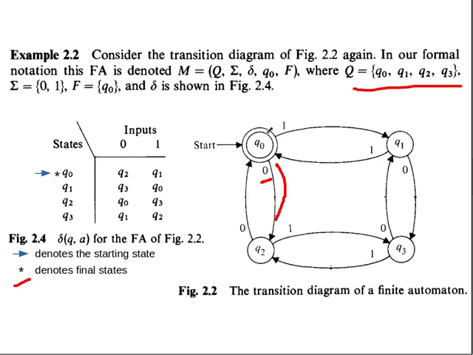So here the starting and final states are the same. Again, it has only one final state, so this is atypical. We will see examples with multiple final states, but at least here this is the state which is both the start state and a final state.